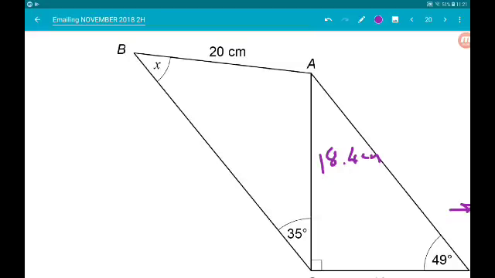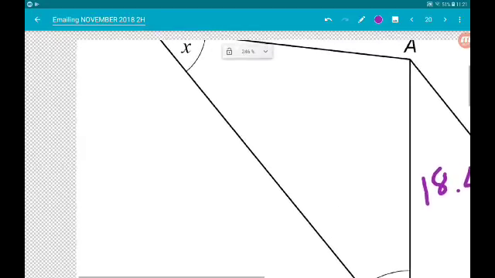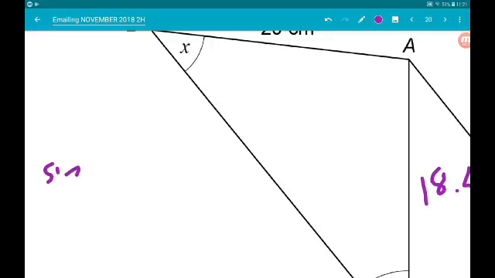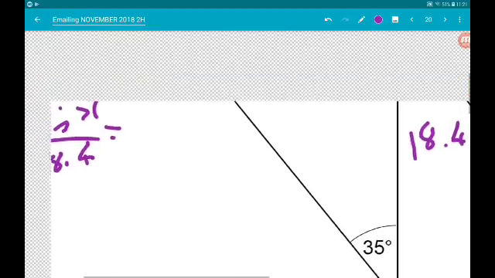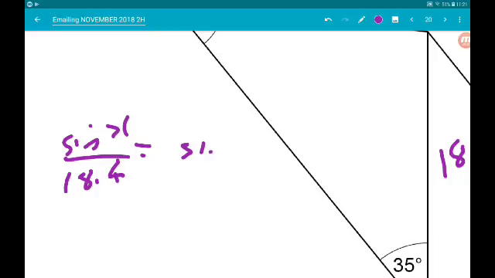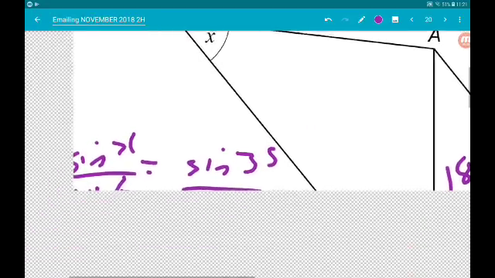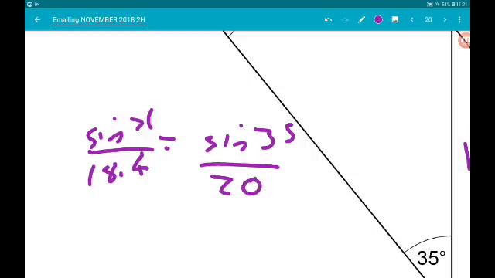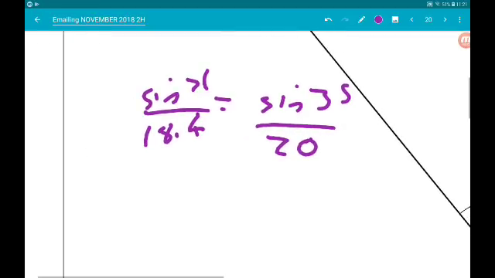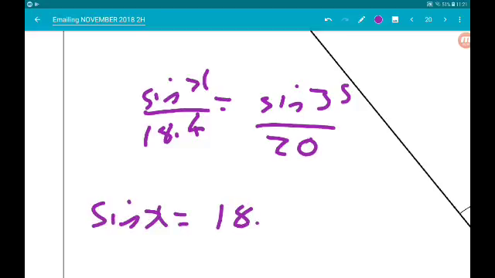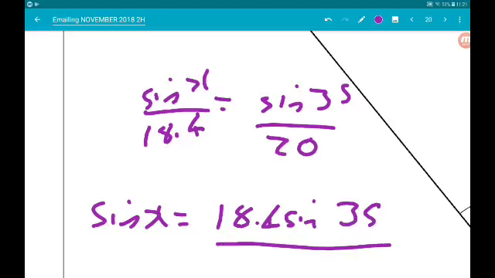Awesome. Sine rule tells us sine of x over 18.4 is equal to sine 35 over 20. Now multiply through by 18.4, sine of x is equal to 18.4 sine 35 all over 20.